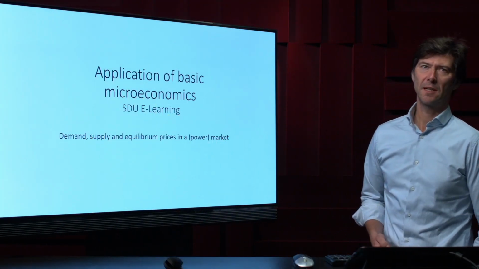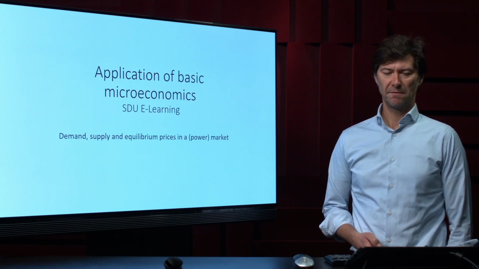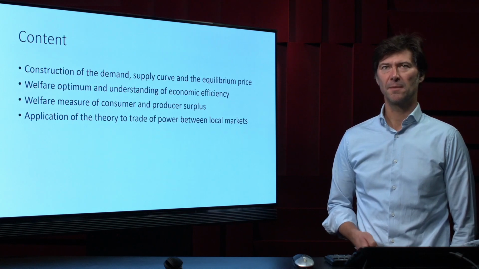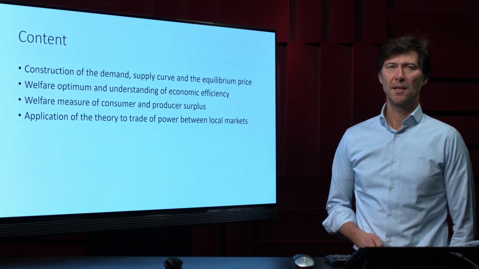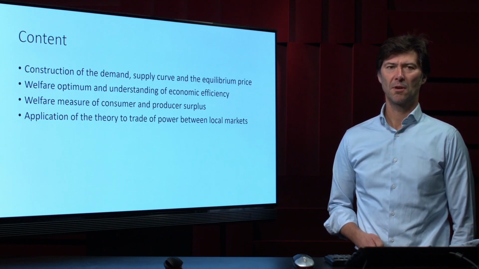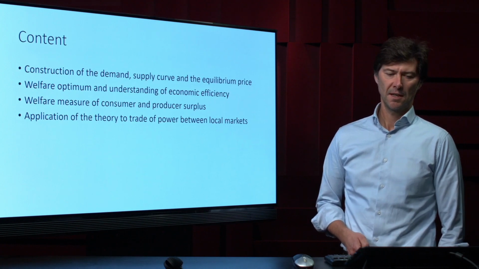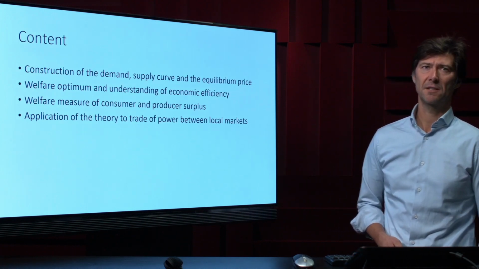In this film, I'll present some basic applications of microeconomics, basically constructing the demand-supply curve and what we call the equilibrium price. I will illustrate and show the so-called welfare optimum and the understanding of economic efficiency, which is applied by economists in many circumstances.